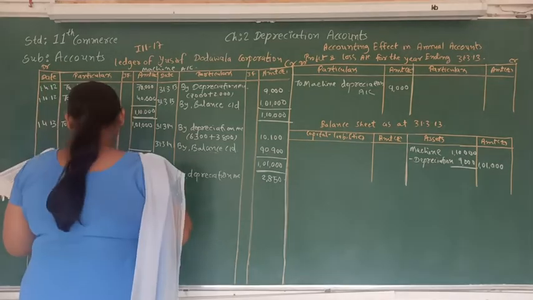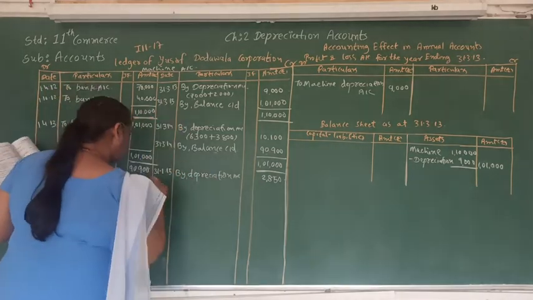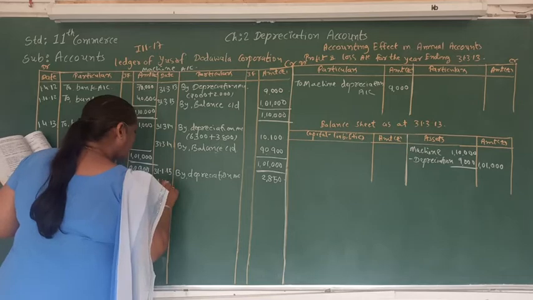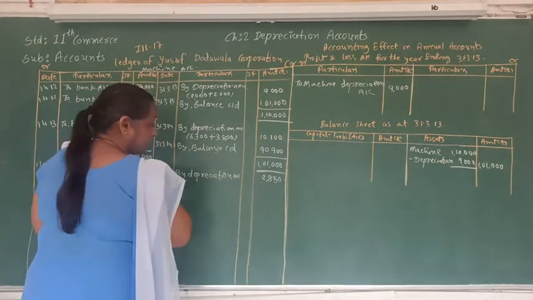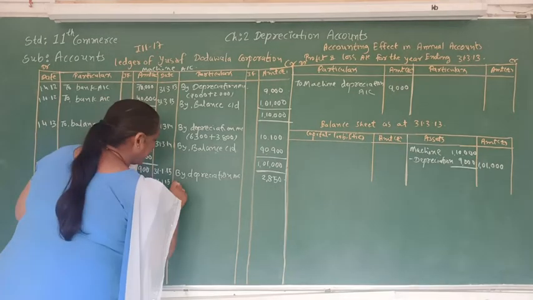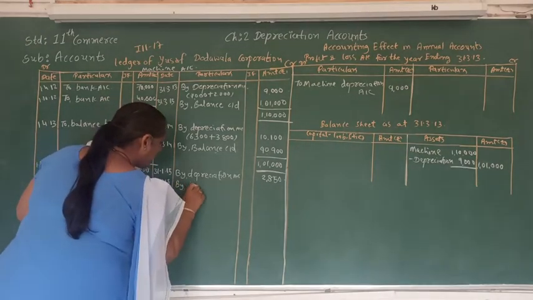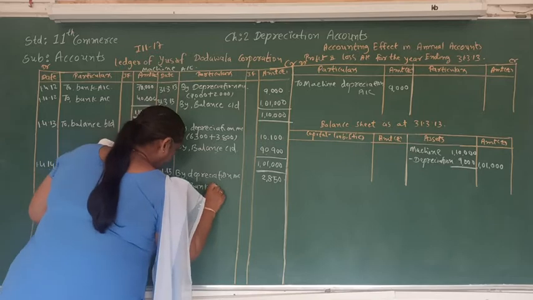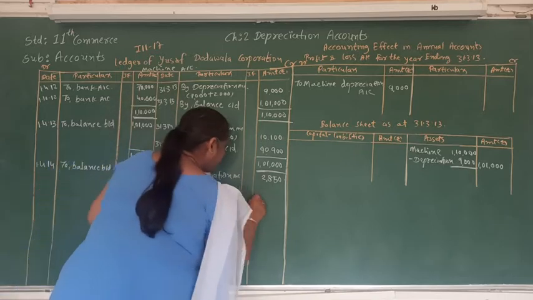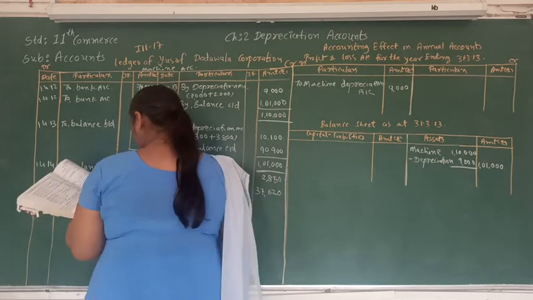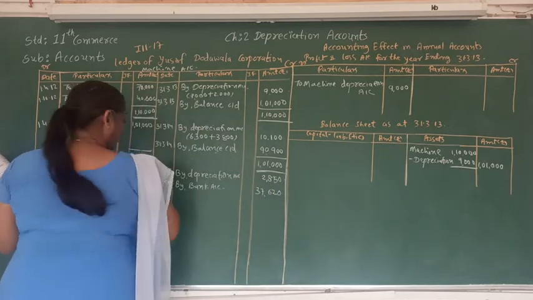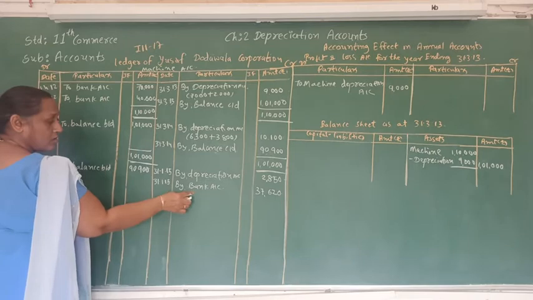Now, the machine was sold on 31/1/15 for 37,620. So that will be taken to the bank account. 37,620.